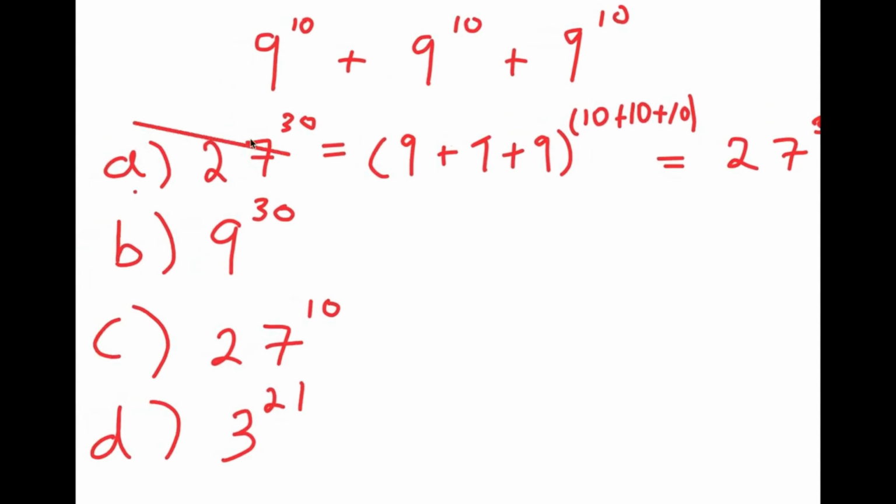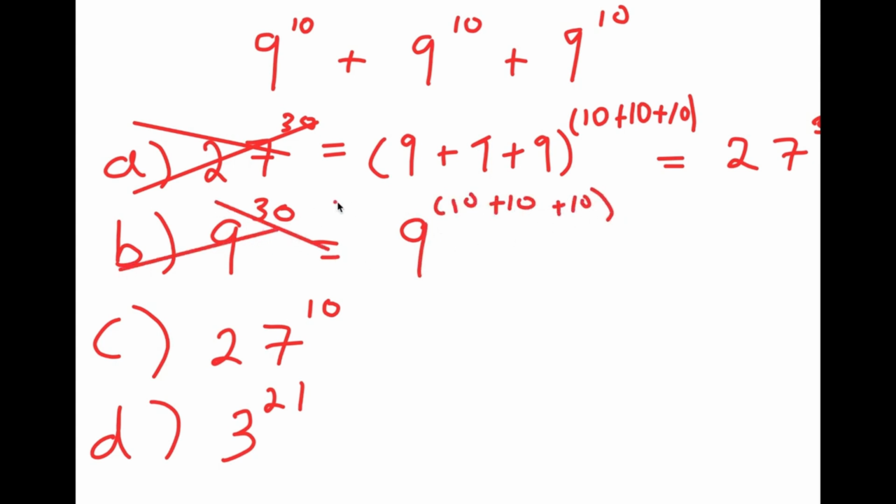And this is actually wrong because this is not the proper way to add exponents. So now going from here, this was likely gotten, 9 to the power of 30, by keeping the base the same and then adding the exponents. And this again is wrong because this is not the right way to add exponents.